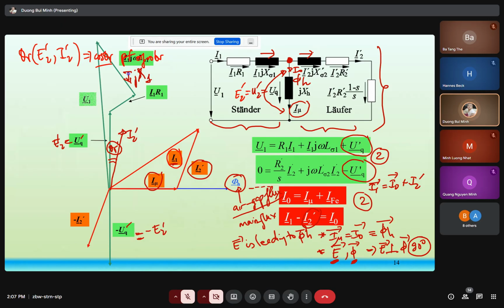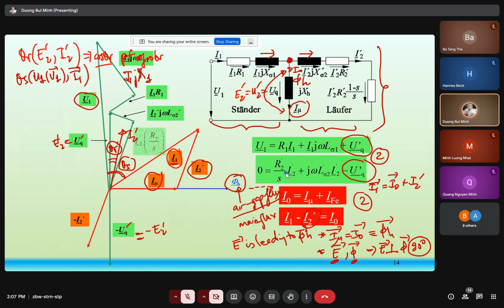So you get here U1. Between U1 and I1, this phase angle is theta s, because theta s is the phase angle between U1, or the phase voltage V1, and I1. So this is theta s. Now the second voltage equation.